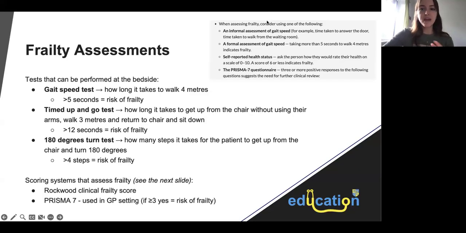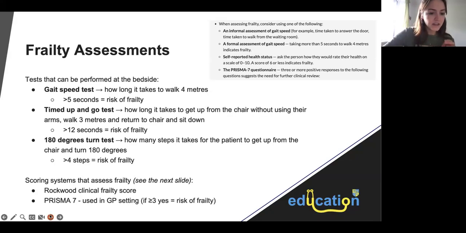In terms of gait assessments, there are a few you can do by the bedside or in GP: looking at their speed, how quickly they can get up, and their ability to turn 180 degrees. Then there are other scoring systems I would recommend knowing of, though you don't have to know the actual scoring itself: the Rockwood Clinical Frailty Score and the PRISMA 7.